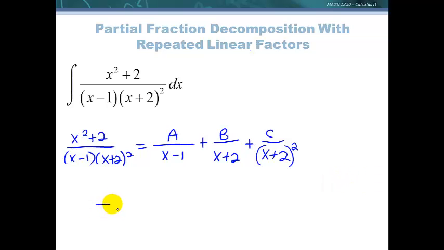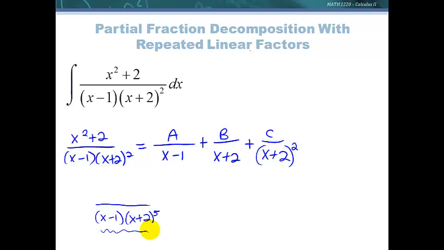So in general, if the denominator had an x minus 1 and an x plus 2 to the 5th, when you are looking at the partial fraction possibilities, you'd have one that had an x minus 1, one that has an x plus 2 to the 5th, another one that had an x plus 2 to the 4th, another with x plus 2 to the 3rd, another with x plus 2 squared, and then a last one with x plus 2, because when you get the common denominator of all of these, it would look like this.